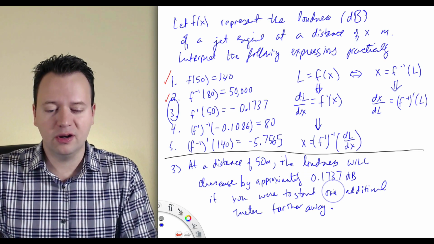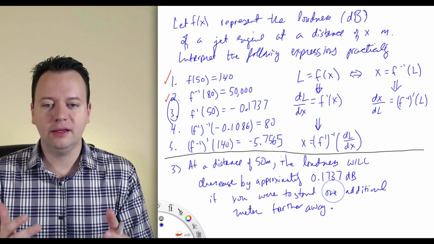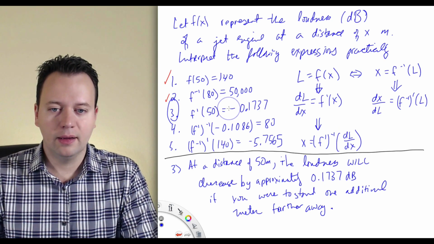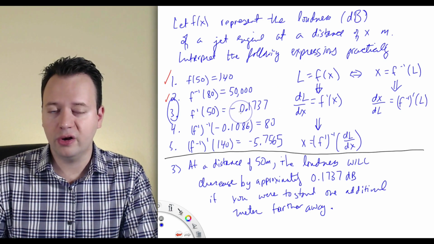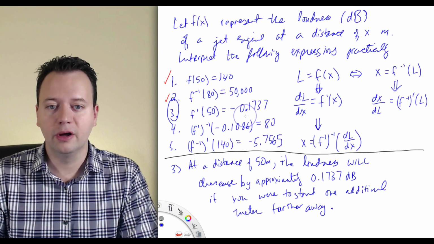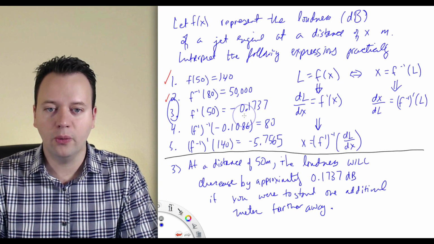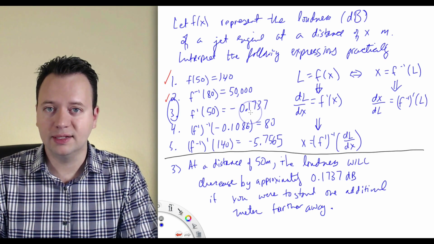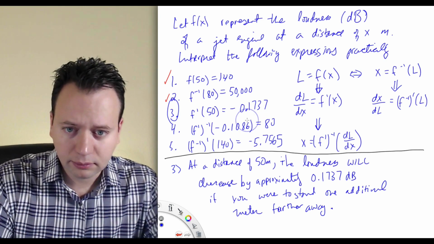So that's going to be even a better approximation. But basically the whole meaning of this is that when you're 50 meters away, this is the change in the loudness if you increase your distance by 1 additional meter. So if you move 1 meter farther away, the loudness will decrease by approximately 0.1737 decibels.